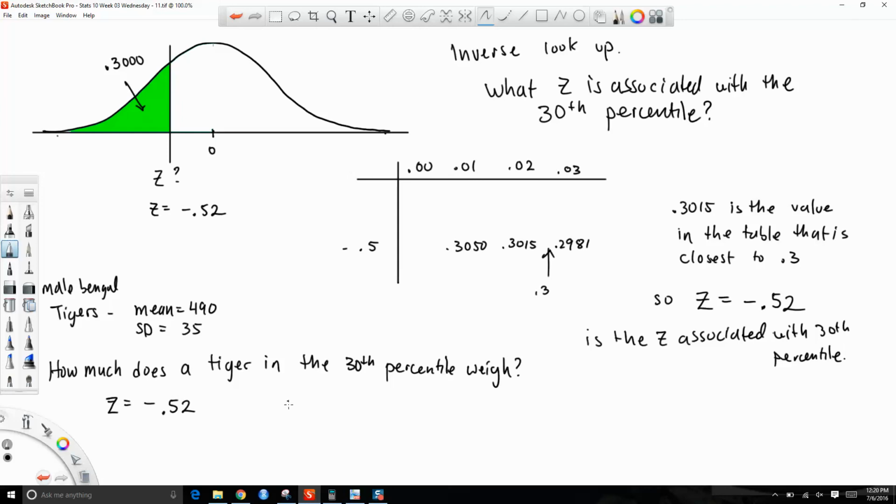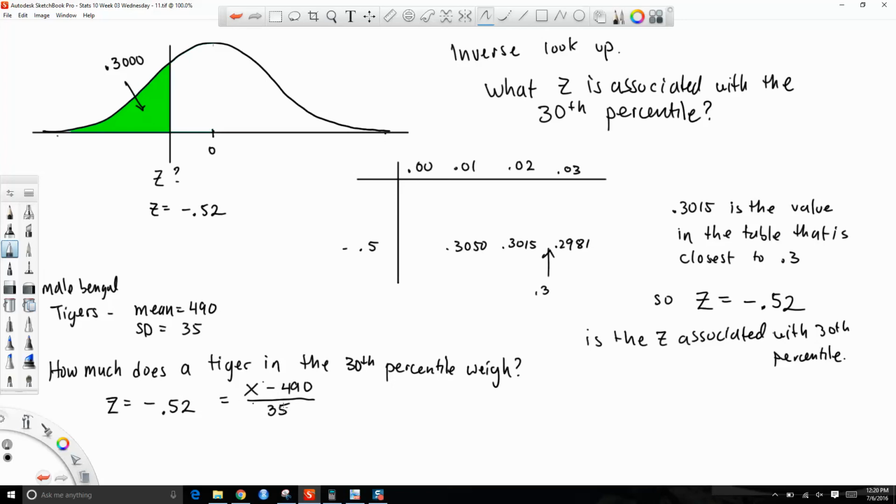How do we get a z-score? We're going to do x minus mu divided by sigma. We know what mu and sigma are. So whatever the weight of the tiger is, when we subtract the mean and divide by 35, we're going to get a z-score of negative 0.52.